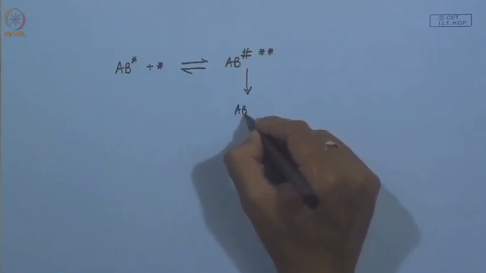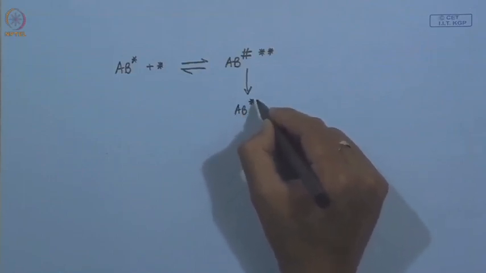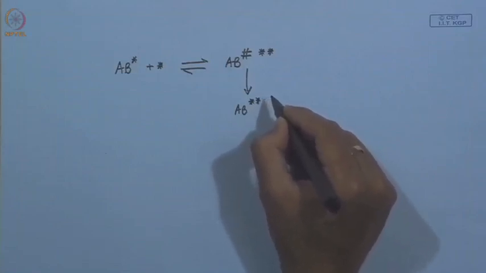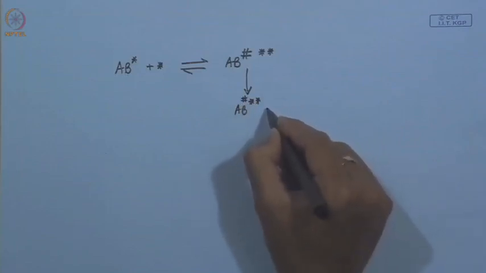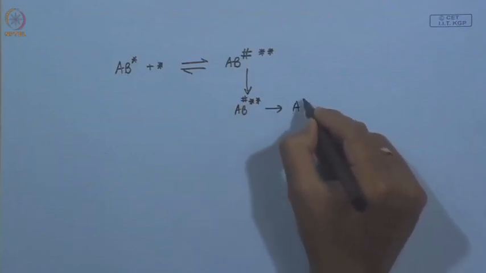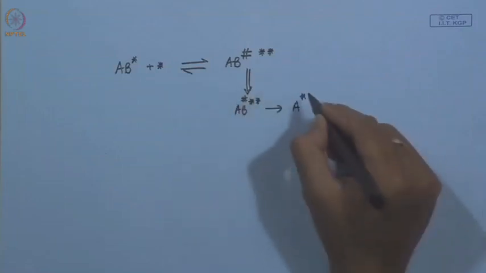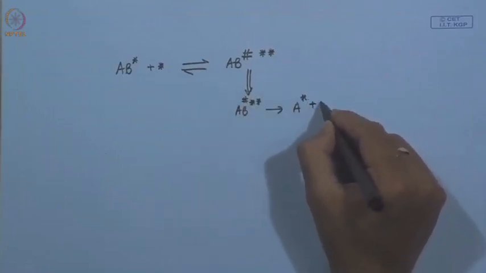AB star double dagger gives rise to A star plus B star.